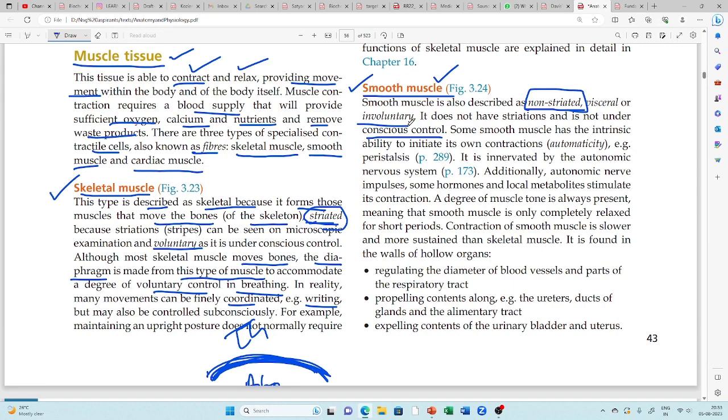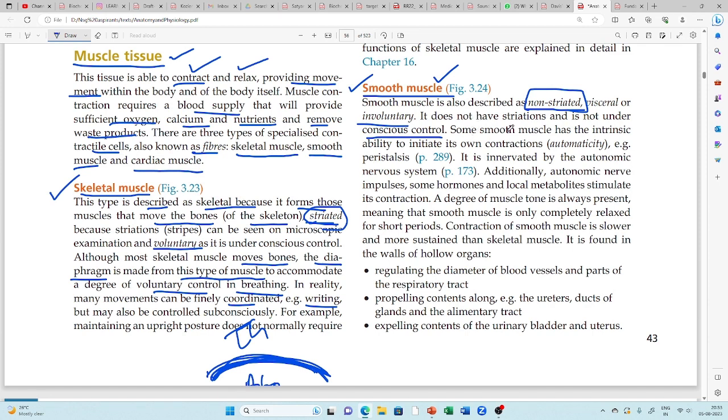Inside the stomach, heart, and these organs, we can't control the function, the constriction and relaxation of these organs in the inner part of the body. That's why we can see smooth muscle more there. This smooth muscle is not in our control; it is involuntary.